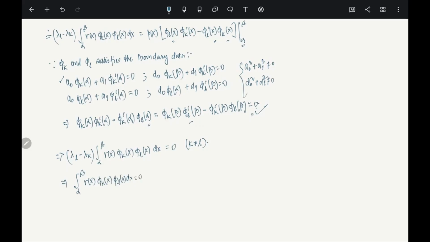This is going to be 0 for k not equal to l. So what does it mean? It means that the set phi n, n equals 1 to infinity, is orthogonal with respect to the weight function w of x. Is it okay? So this is proved.